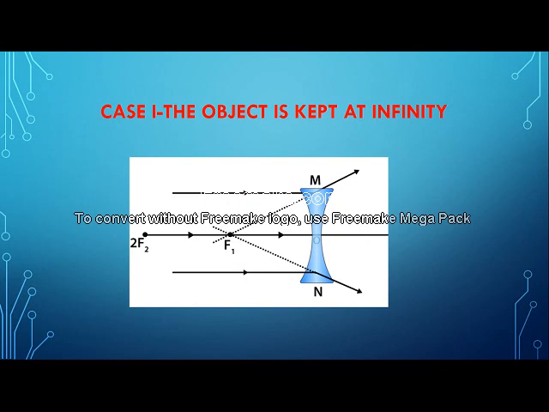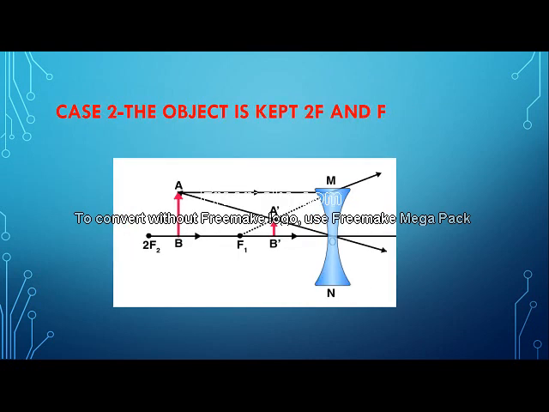So here the rays move away, and we extend the incident rays and we find that they appear to meet at focus. The image which is formed is very small. It is almost equal to the point size, and the image which is formed here is virtual and erect.